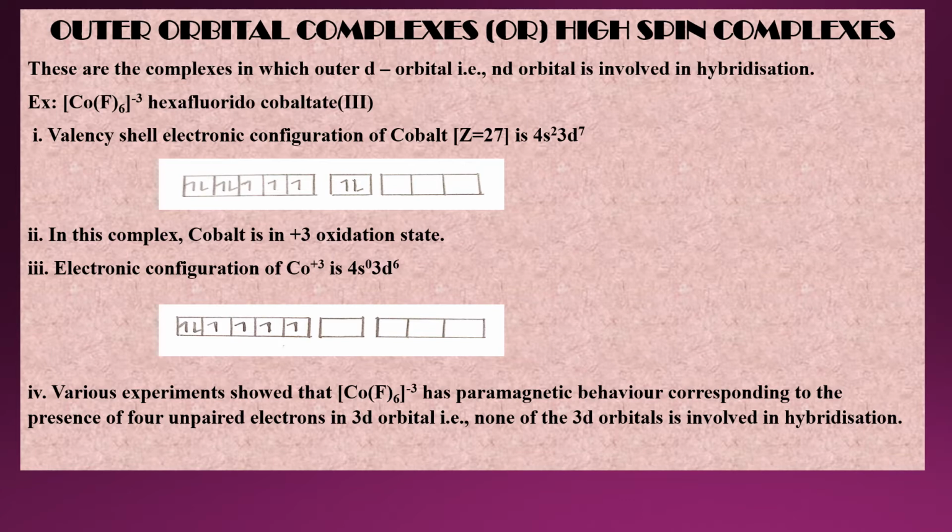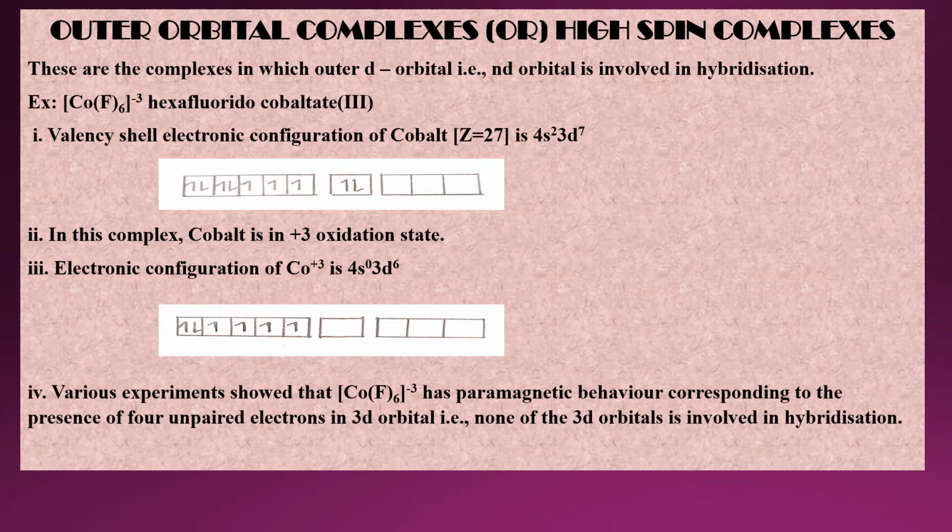And in this particular complex, plus 3 is the oxidation state of cobalt. So the electronic configuration of Co3+ is 4s0 3d6. Here there are 4 unpaired electrons.